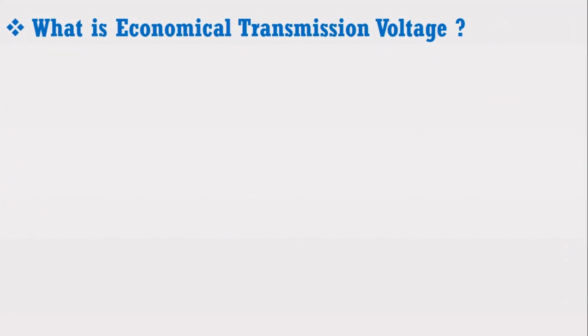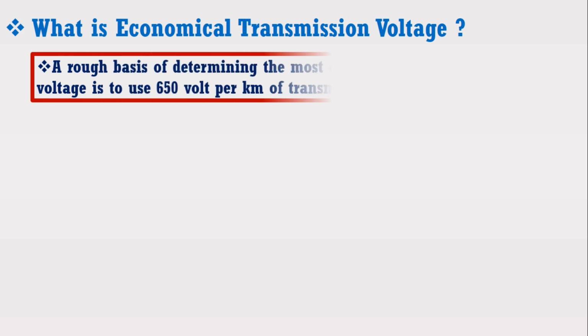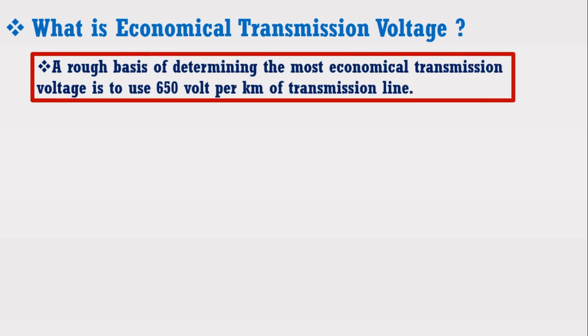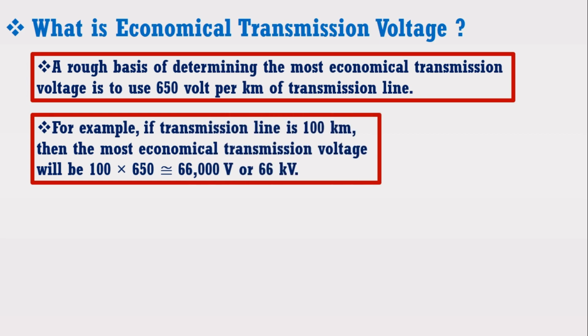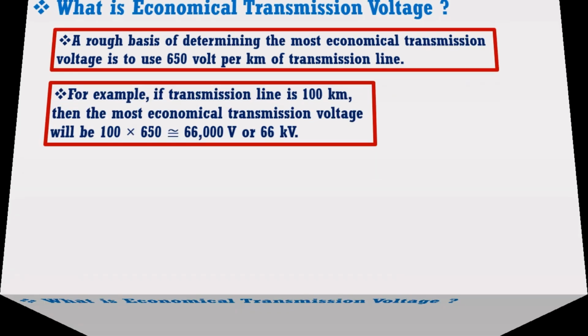Now I am going to discuss an interesting way to select the economical transmission voltage. A rough basis of determining the most economical transmission voltage is to use 650 volts per kilometer of transmission line. For example, if the transmission line is 100 km, then the most economical transmission voltage will be 100 times 650, approximately equal to 66 kV.